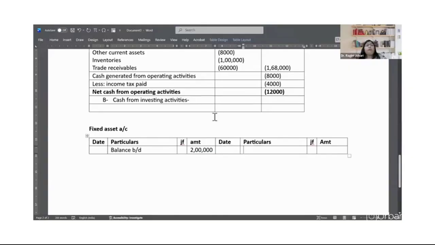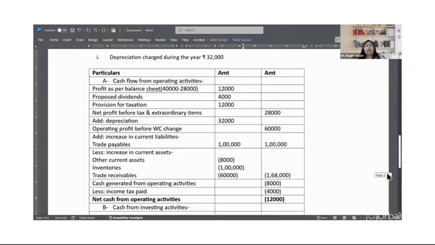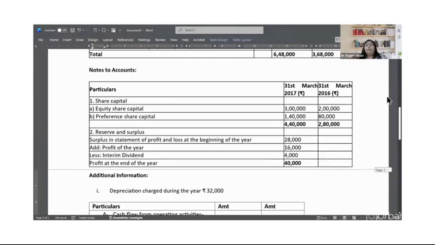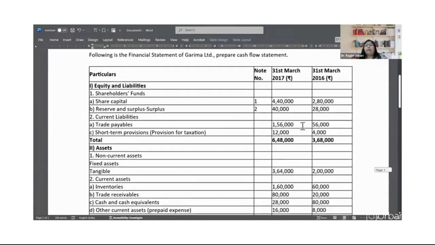Then depreciation is charged as 32,000. So by depreciation account 32,000. Okay. And then how much is the value of asset in the current year?